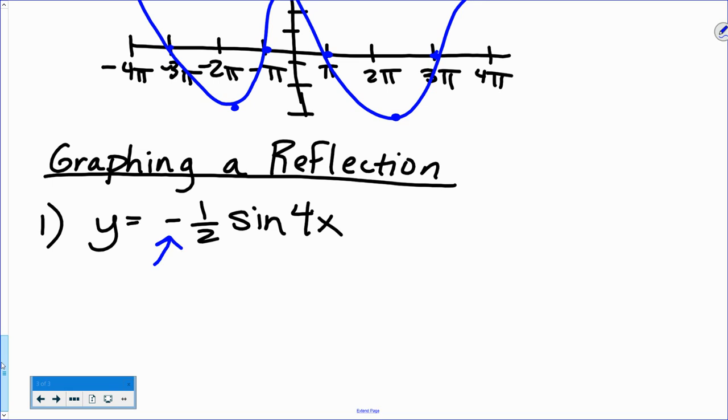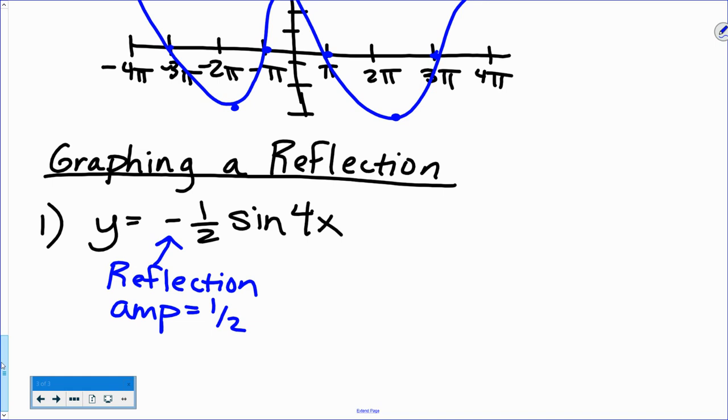So the negative in front means that it's a reflection. The amplitude is 1/2. The amplitude is not negative 1/2. The amplitude is representing a distance, so it cannot be negative. The negative is the reflection.